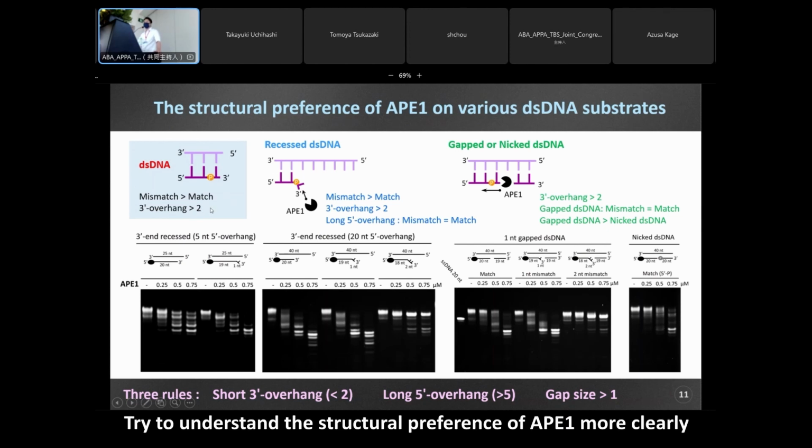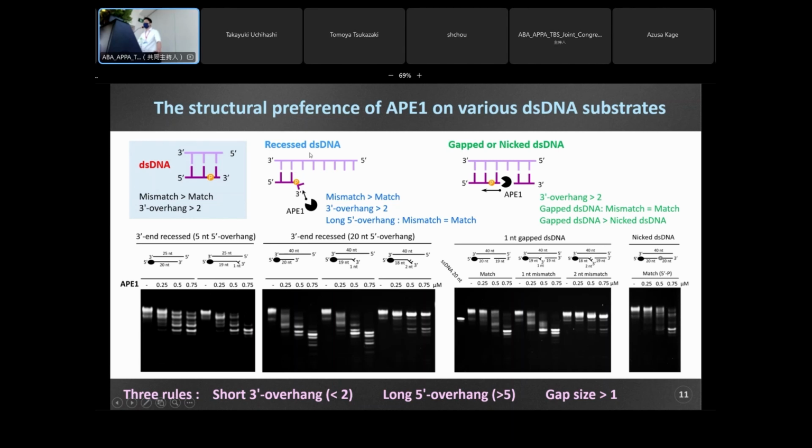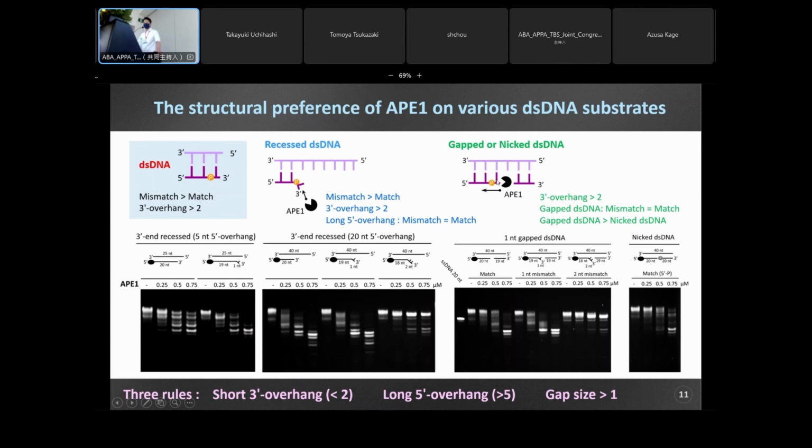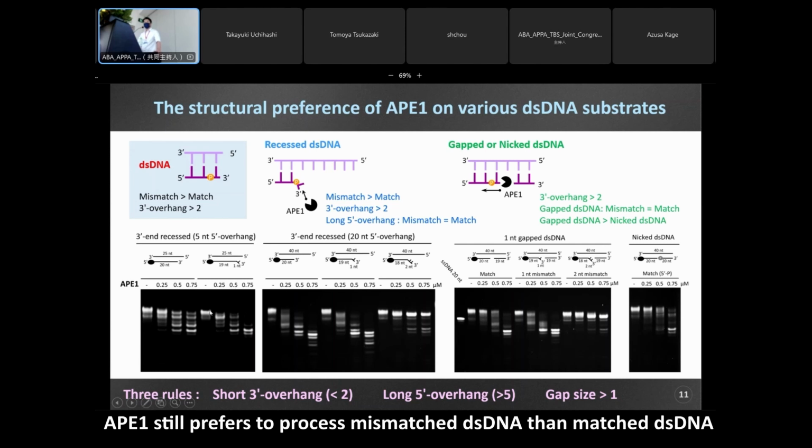To understand the structural preference of APE1 more clearly, we also synthesized recessed double-strand DNA like this, and gapped and nicked double-strand DNA as substrates. And those substrates also have matched or mismatched terminals. In general, as you can see here, APE1 still prefers to process mismatched DNA over matched DNA.